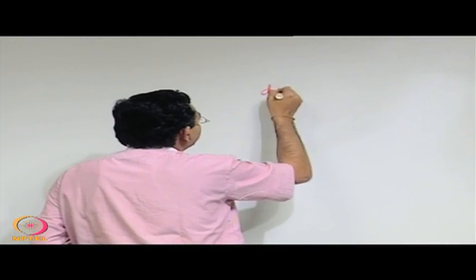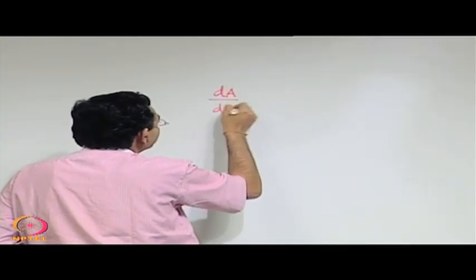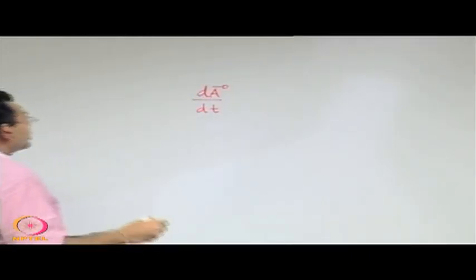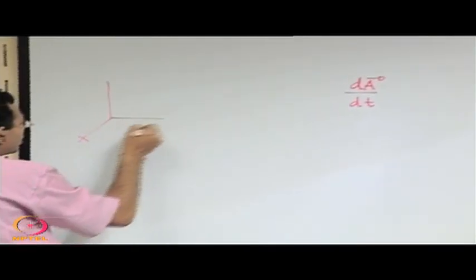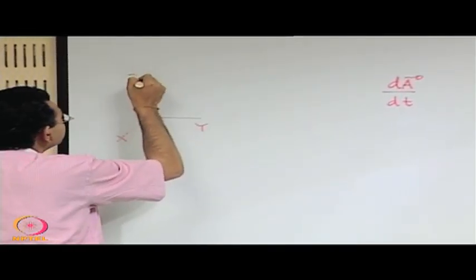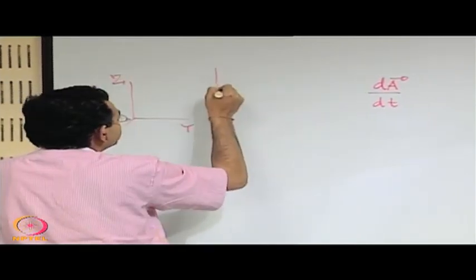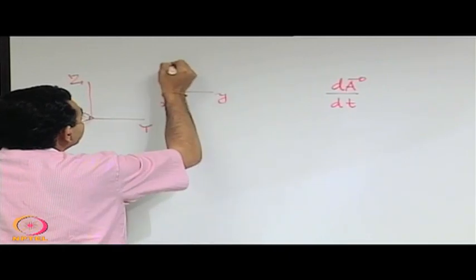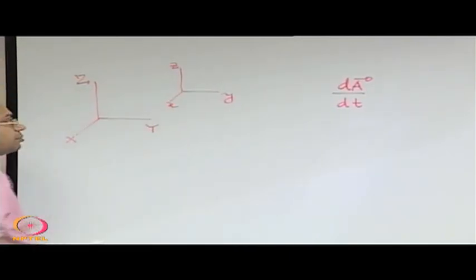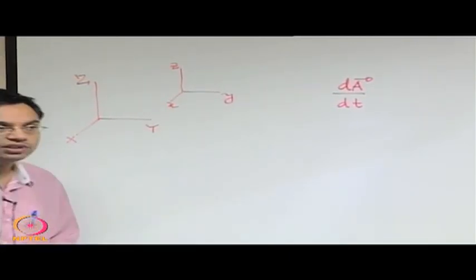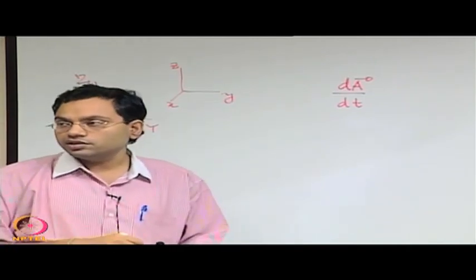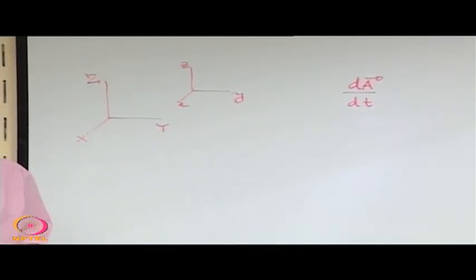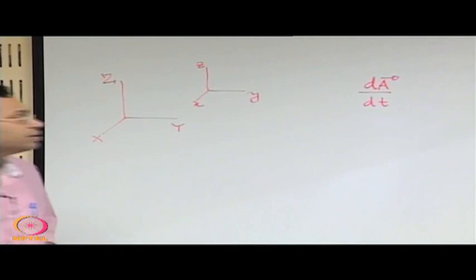The result that we saw is that if you have two reference frames, one is capital XYZ, another reference frame is small xyz, where small xyz may be having an arbitrary motion in terms of an angular velocity, in terms of a linear velocity which may even vary with time and so on.